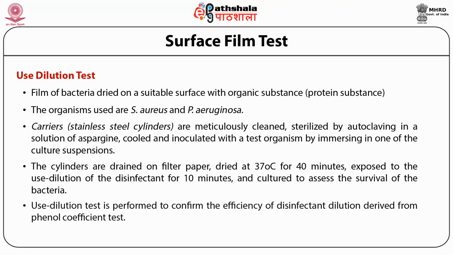The use dilution test is performed to confirm the efficiency of disinfectant dilutions derived from the phenol coefficient test. Generally, 20 times the phenol coefficient is satisfactory. If the phenol coefficient of a disinfectant is 4, then for the use dilution test, the dilution of the disinfectant could be 1 in 4 multiplied by 20, that is equal to 1 in 80.